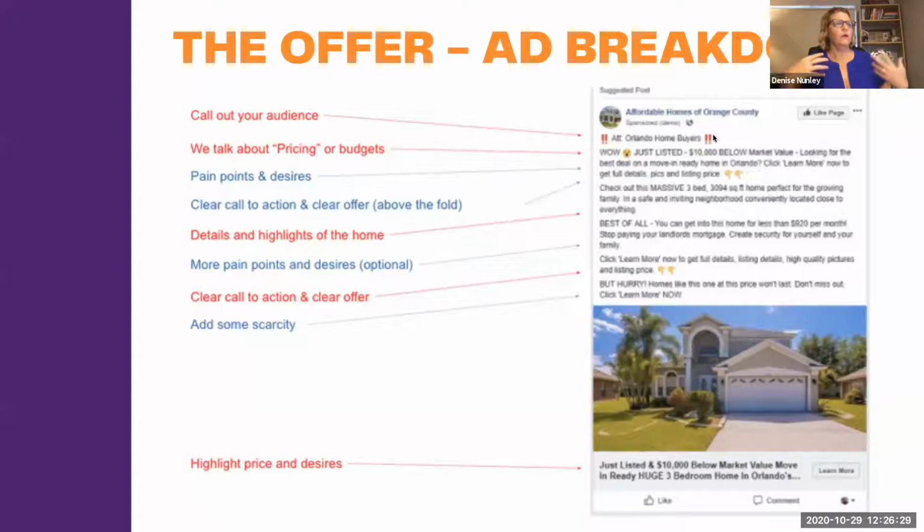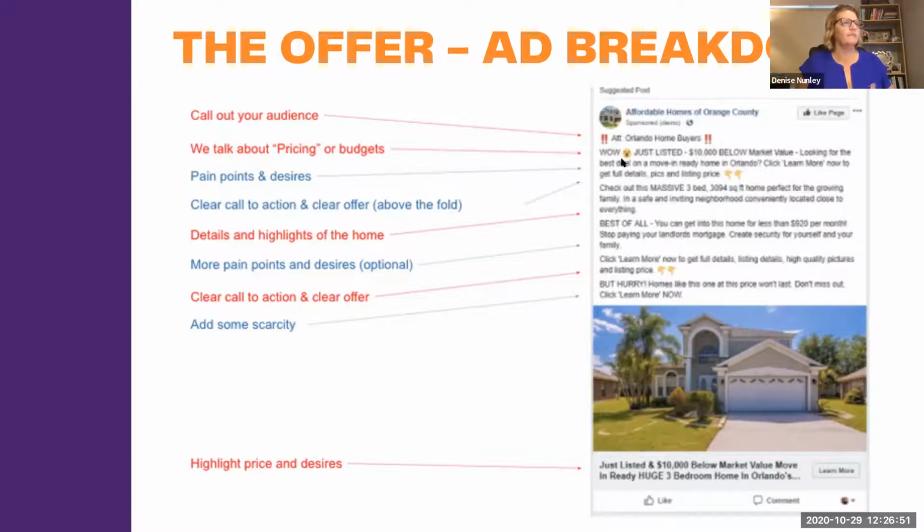So then we want to provide an offer. Now, one of the things that Facebook changed within the last 3 years is that on mobile, you only get 3 lines to show. So you really want to make sure that your offer and your call to action are within those first 3 lines. We will typically talk about pricing or budgets in that first couple of lines.